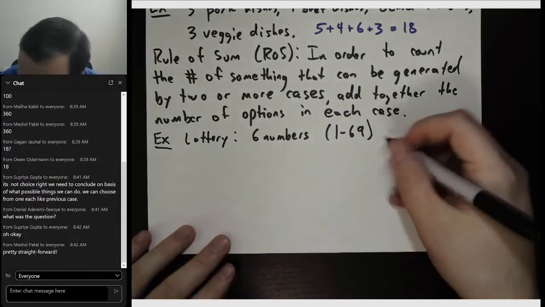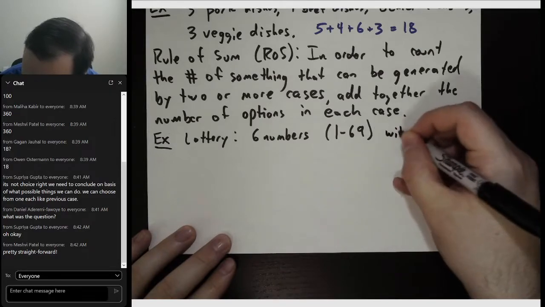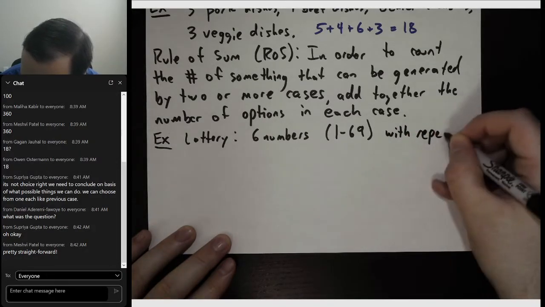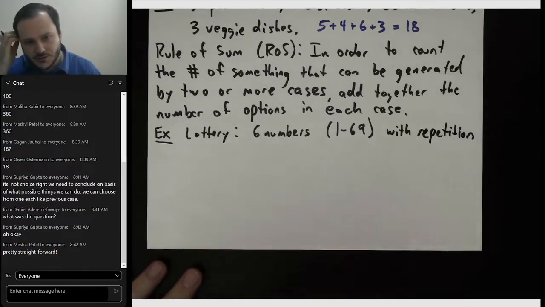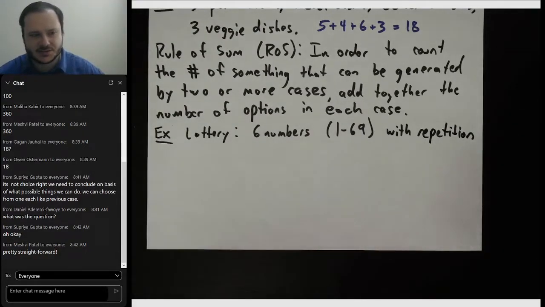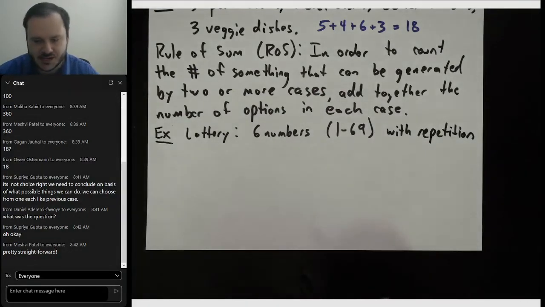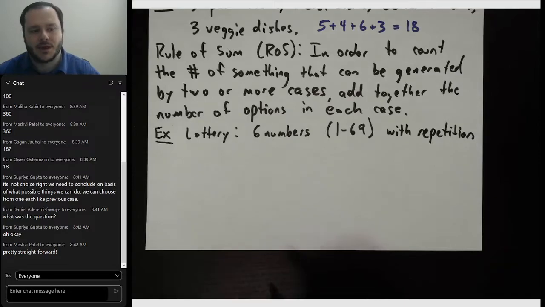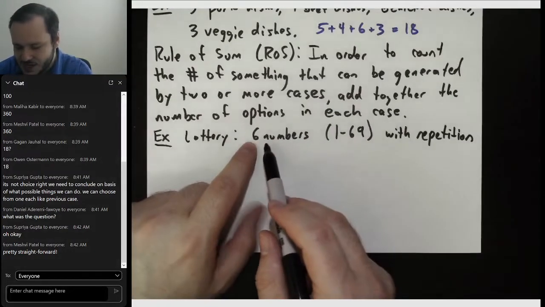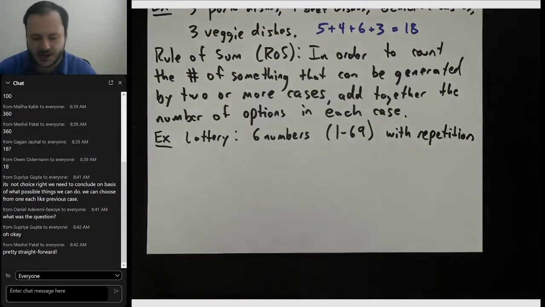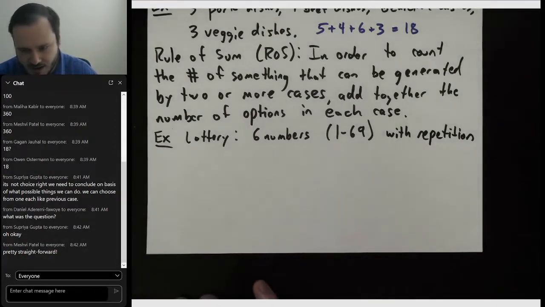And let's say with repetition. So they've got the 6 different tumblers, and each one has all of the numbers 1 through 69. And they pick a number for each one. So at the end, they get 6 numbers, each of which can be any number 1 through 69. They pick the number for a given night.